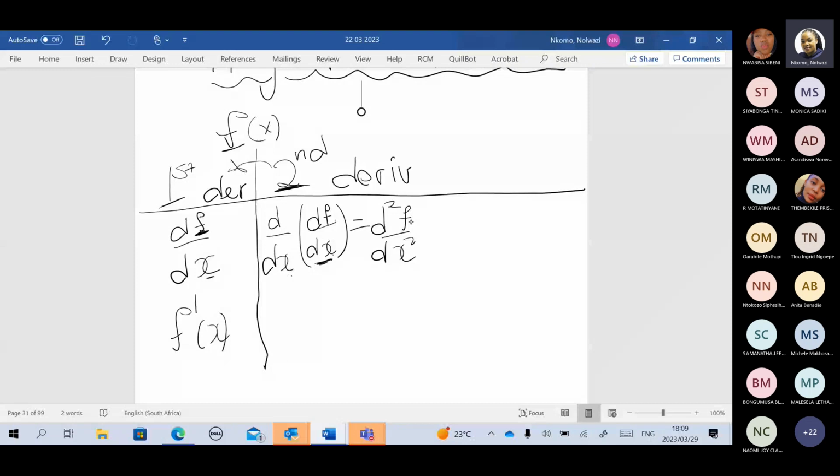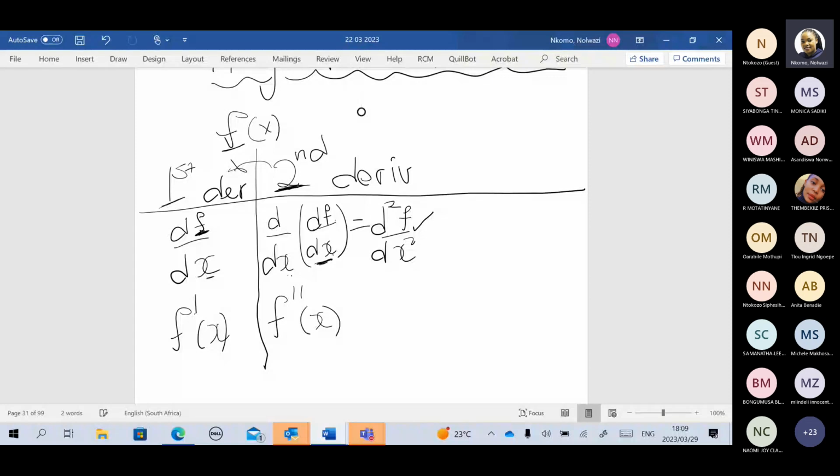This means we are differentiating f twice. Or you can just write f prime prime of x. If you see 1 prime, we are differentiating once. If you see 2 primes, we are differentiating twice, okay?